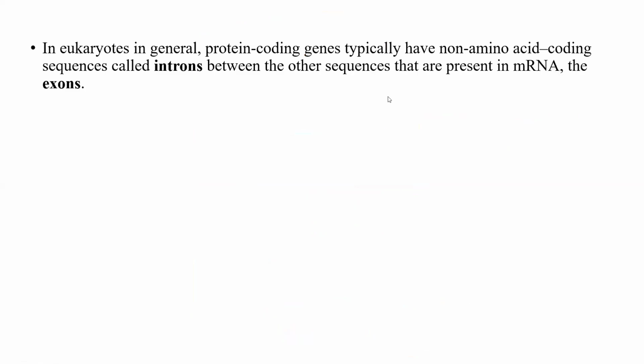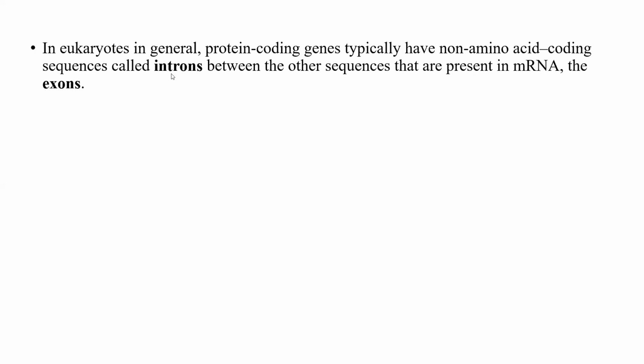In eukaryotes, in general, the protein coding genes typically have non-amino acid coding sequences called introns between the other sequences that are present in mRNA, the exons. So the primary transcript pre-mRNA has introns which are non-coding.